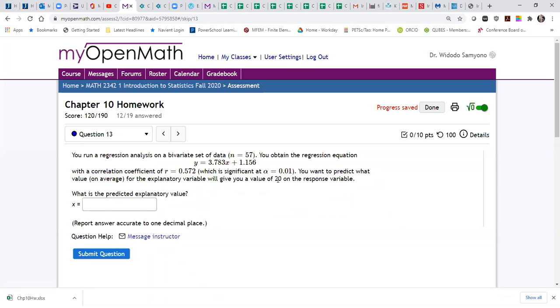So you know the y, but you don't know the x. To find the x, you subtract the b, which is 1.156, and then divide by the a, which is 3.783.